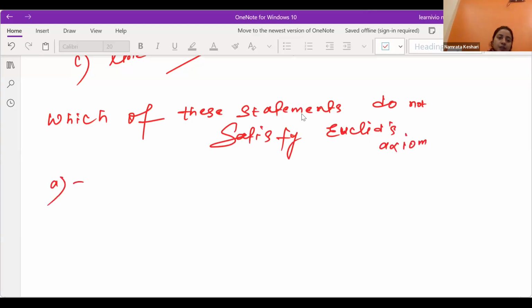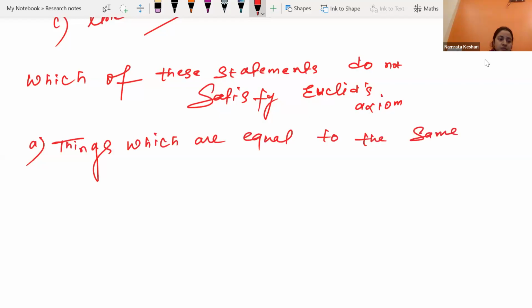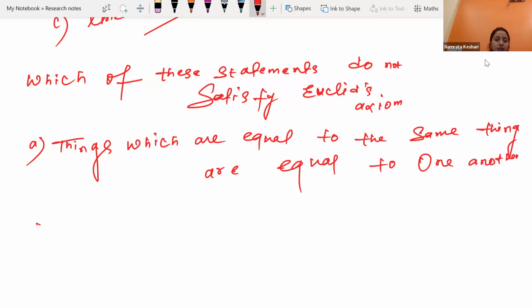Option A: things which are equal to the same thing are equal to one another. Next, if equals are added to equals, the wholes are equal.